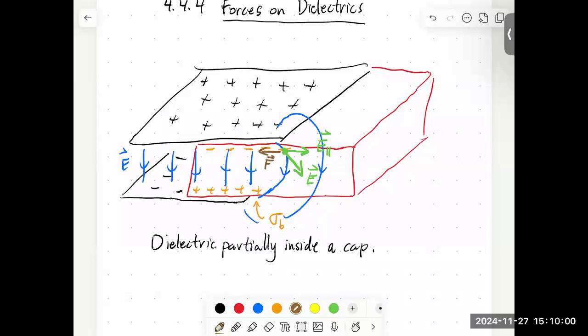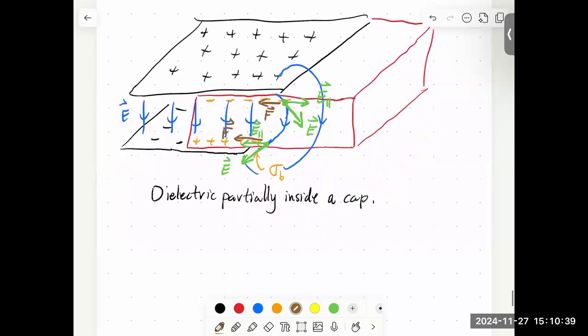We could play the same game over here. I've got some positive bound charge over here, and in this case, my electric field from that fringing contribution looks something like this. And I can again find the parallel component of that electric field. It's going to exert a force on this bound charge, and it's going to push the dielectric inside the capacitor plates. And so this is F. Why is that force in the same direction?